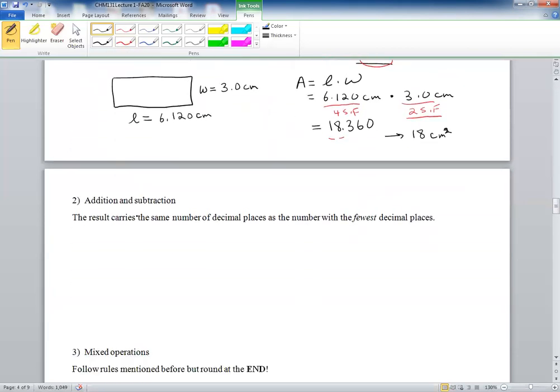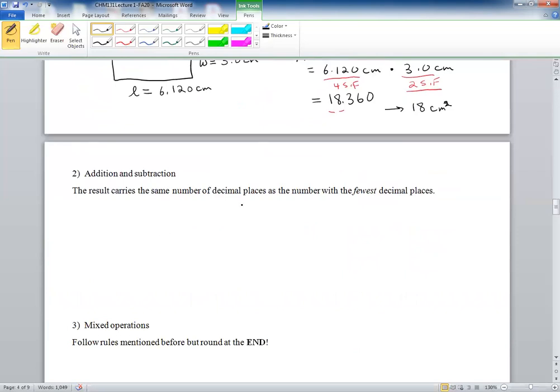So now let's look at addition and subtraction. Addition and subtraction is a little bit different. It goes by decimal places. So it says here the result carries the same number of decimal places as the number with the fewest decimal places. So decimal places, if you don't remember what a decimal place is, I'm going to show you.